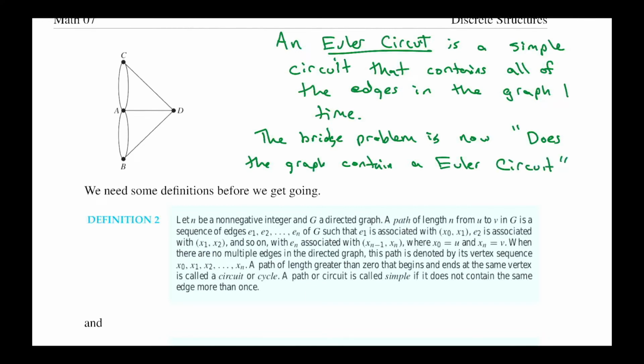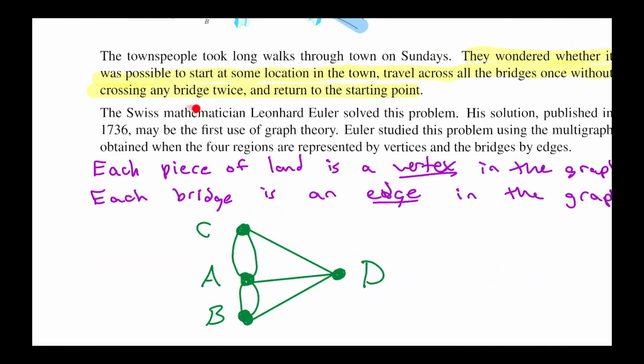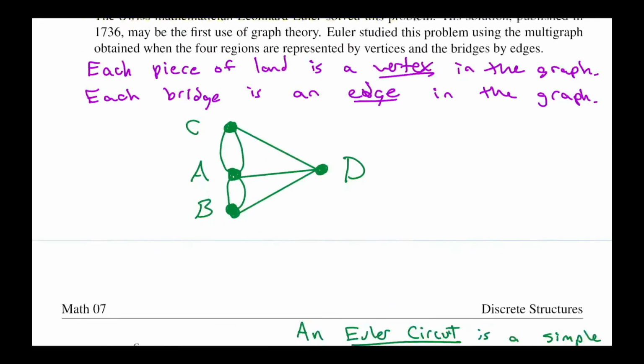Okay, so why is it called an Euler circuit? Because if you scroll up and read the part that I didn't read, the Swiss mathematician Leonhard Euler solved this problem, right? So Euler solved it, so it's named after Euler. There you go.